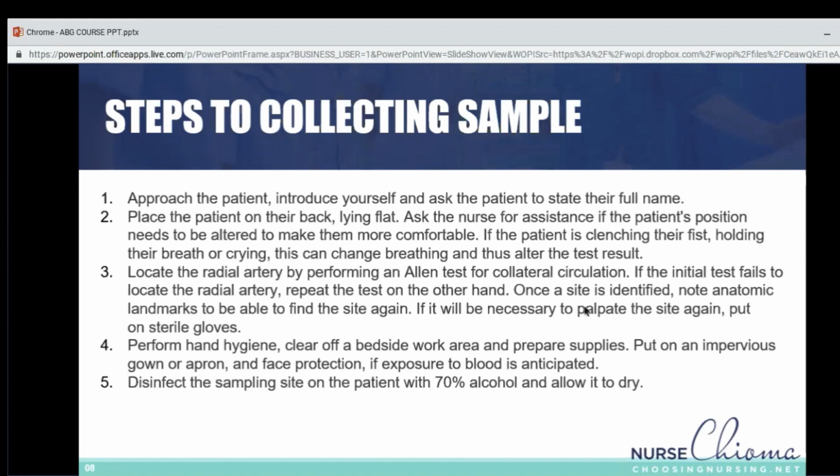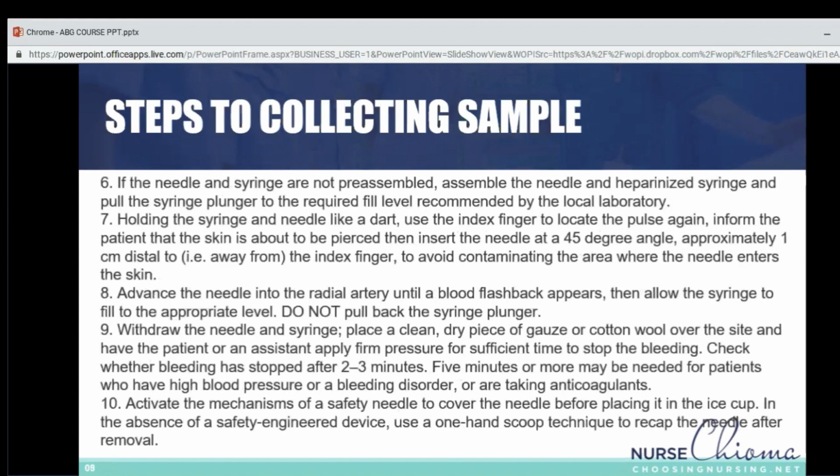Next, if the needle and syringe are not pre-assembled, you want to assemble the needle and heparinized syringe and pull the syringe plunger to the required fill level recommended by the local laboratory.